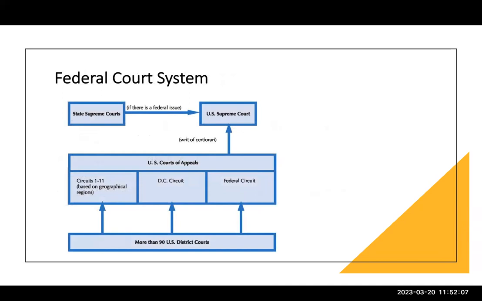You can see a map at page 117 of the textbook that shows the various regions. There's also a DC circuit, which hears matters arising under federal law from the District of Columbia. And then finally, the federal circuit, which hears other types of cases.